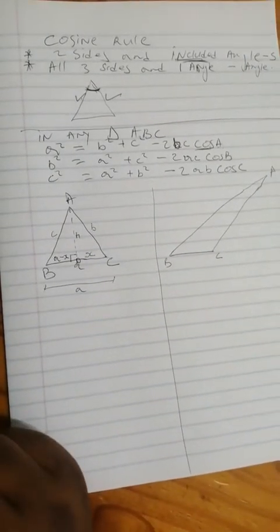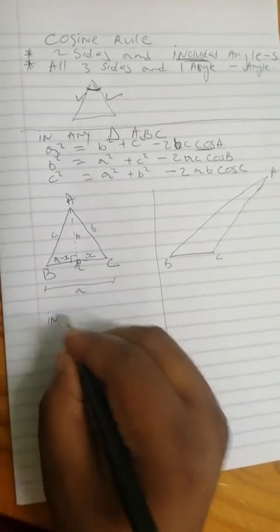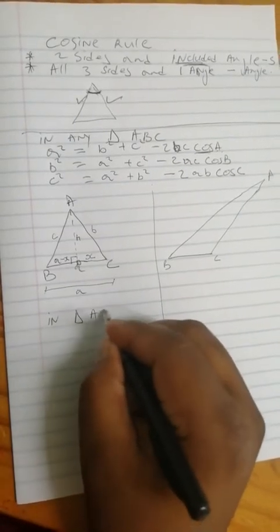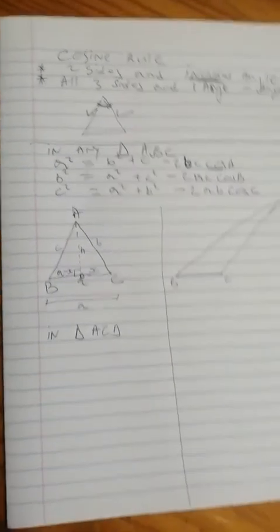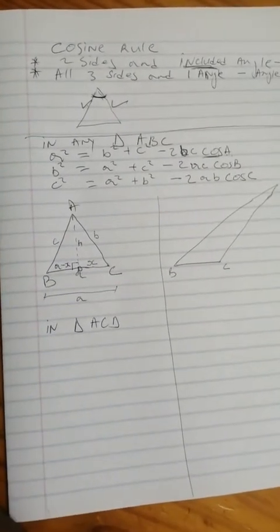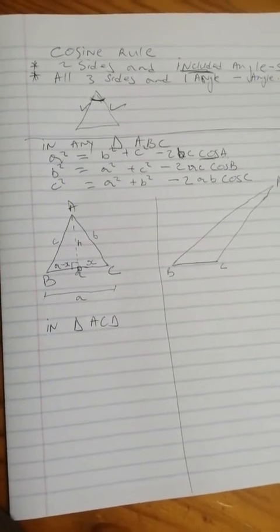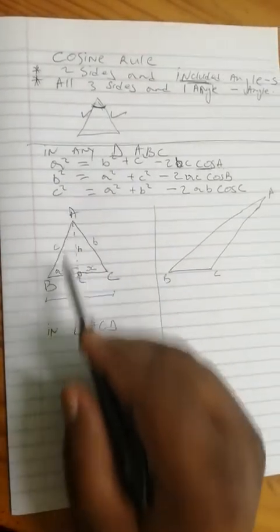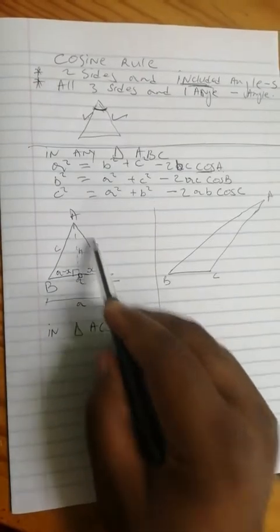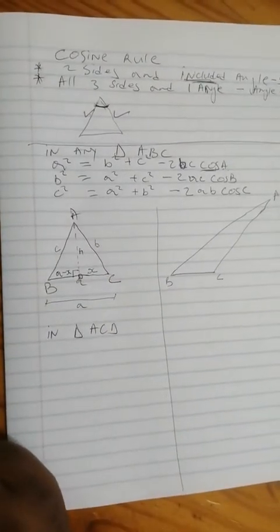Now let us look in triangle ACD. Would you agree with me that after constructing my height, I will have 2 right angled triangles? We've got this right angled triangle and the other one, ADC, the one that I want us to look at now.